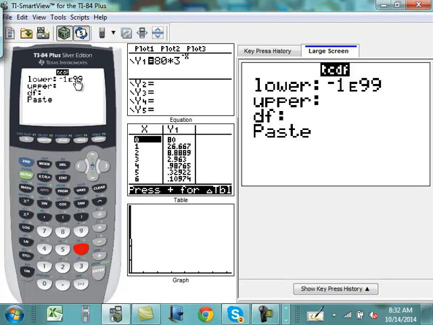If you're doing a left-hand test and you want to find the area under the curve between negative infinity and a particular t-value, then you would just plug in that t-test statistic value here for upper, and then the degrees of freedom, which is the sample size minus 1. Then you paste and execute it, and you would have your p-value that way.